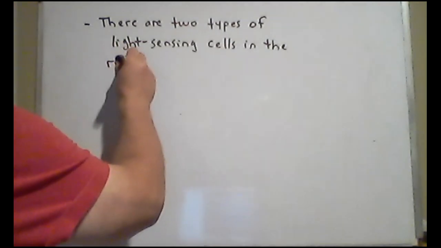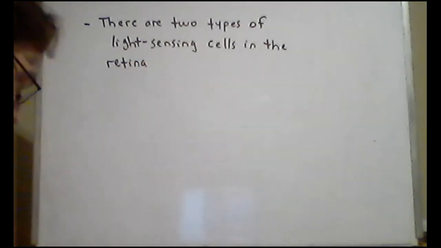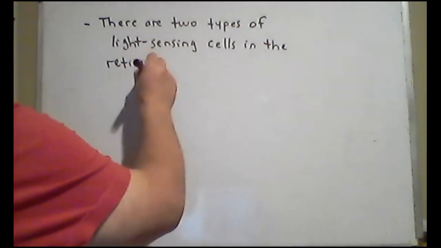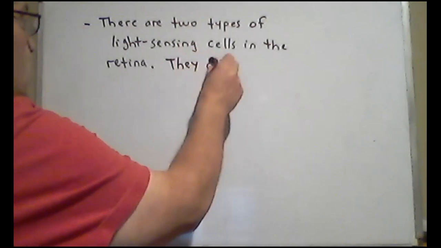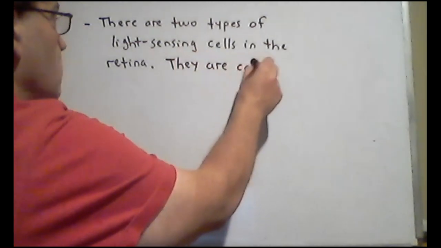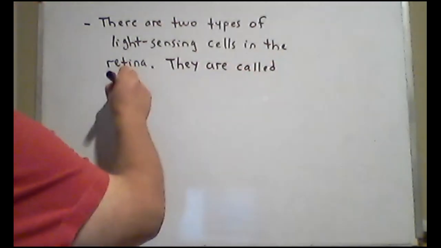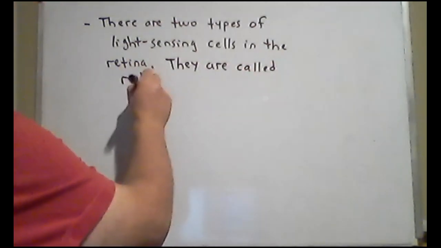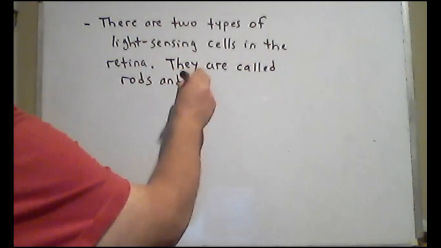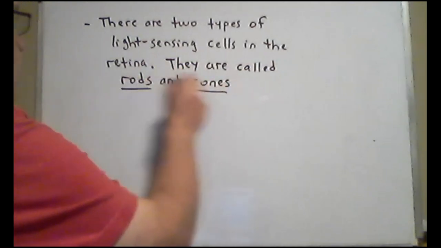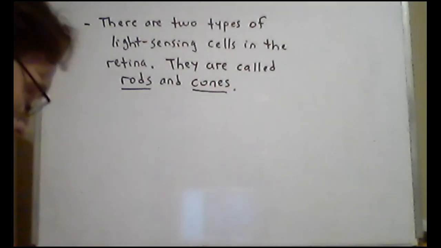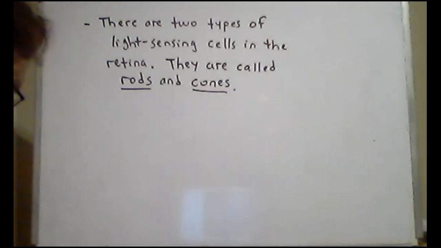That's where the light sensing cells reside. They're called rods and cones. Okay, so we have rods and cones in the eyes.